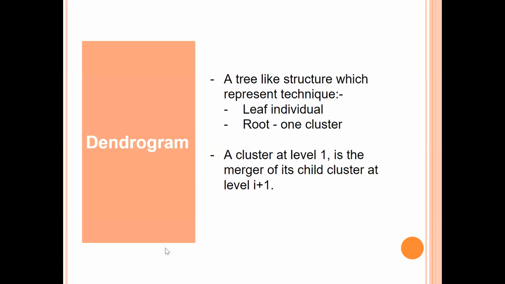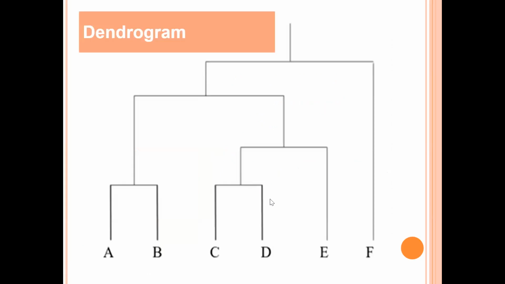Okay, let's move on. Now, the dendrogram. In the hierarchical clustering technique, it creates a tree-like structure which is called a dendrogram, where we have leaves, the individual units, and the root, which is a single cluster. A cluster at level i is the merger of its child clusters at level i plus 1. Now let me show you a diagram of this dendrogram.